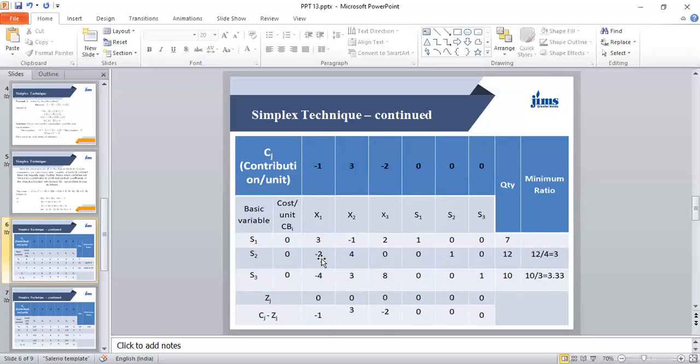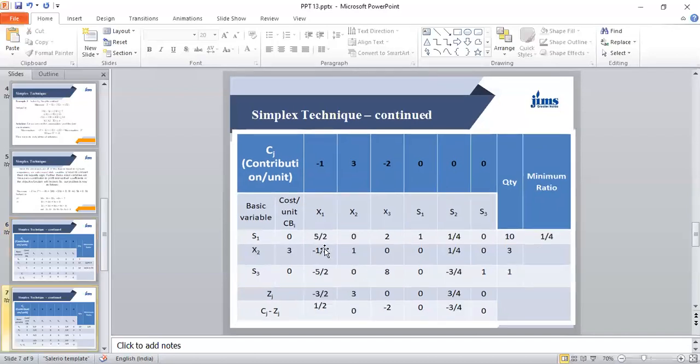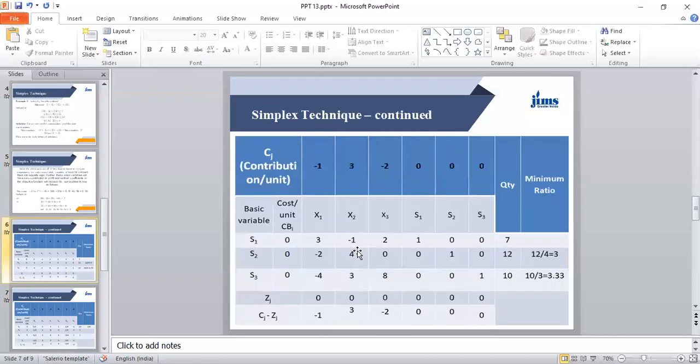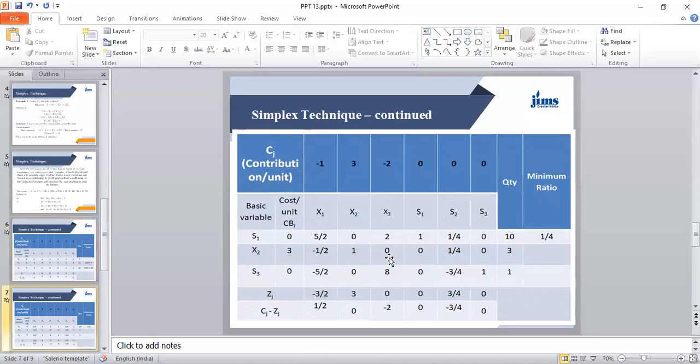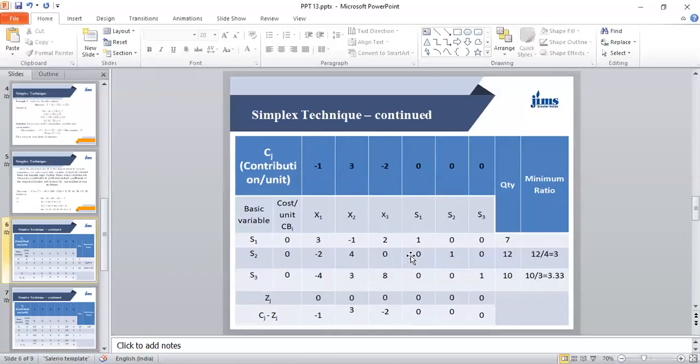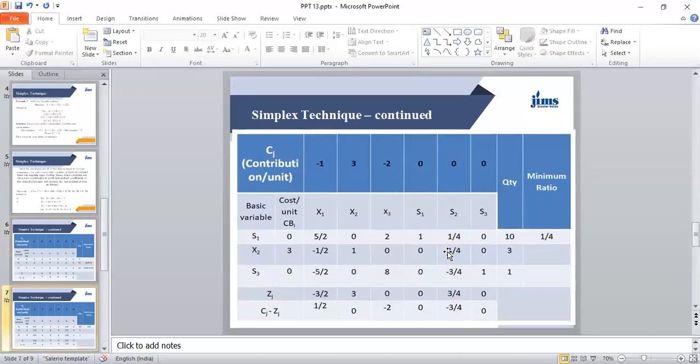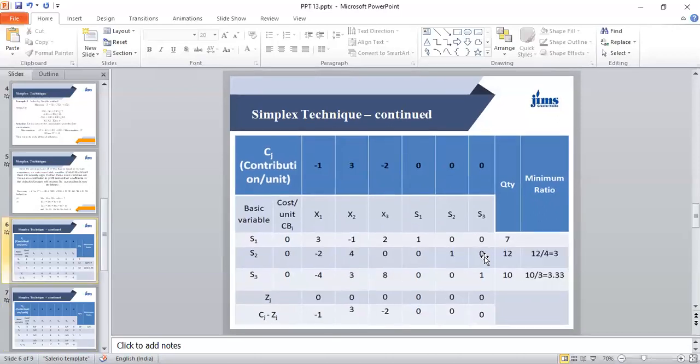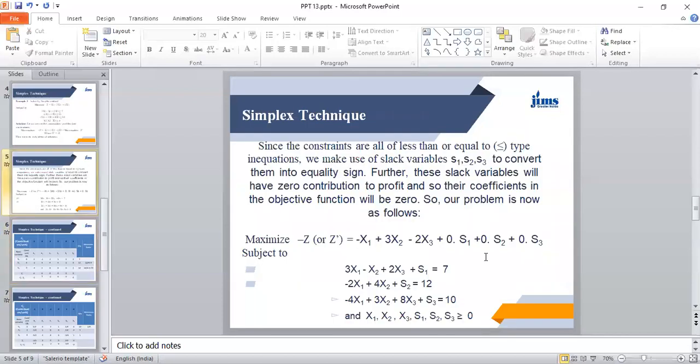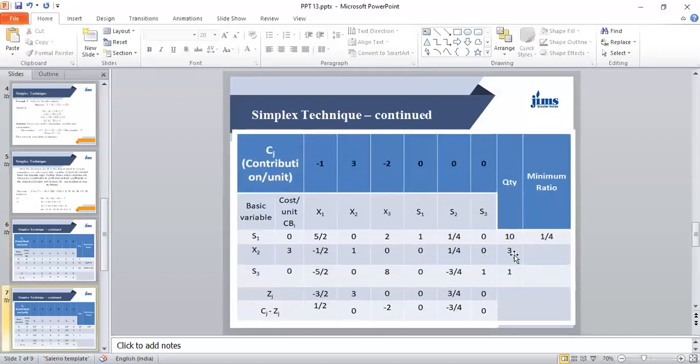So it will be 2 minus 2 by 4 is equal to minus 1 by 2. Then 4 divided by 4 is 1. Then 0 divided by 4 is 0, again 0 divided by 4 is 0, 1 divided by 4 is 1 by 4, then 0 divided by 4 is 0, and 12 divided by 4 is equal to 3.